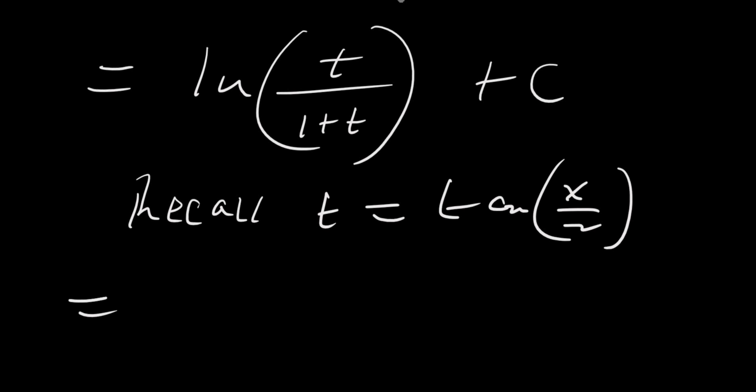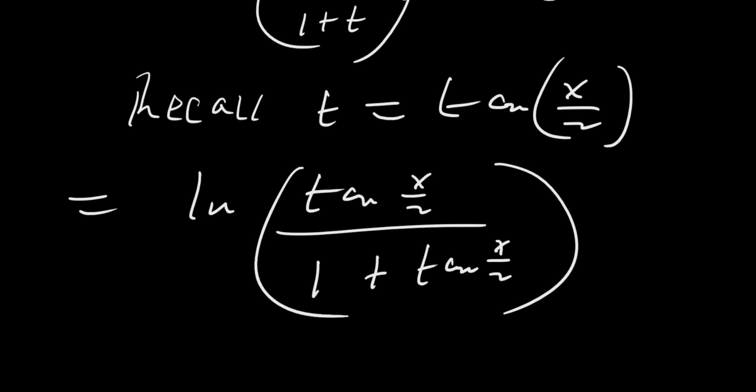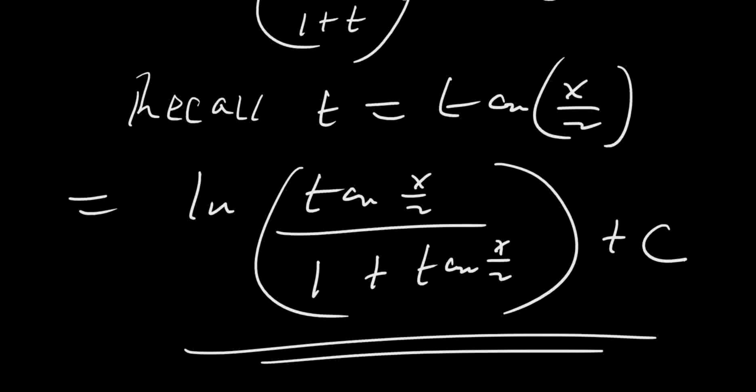So this will become ln tan x over 2 over 1 plus tan x over 2 plus c. So this is the answer to this question, and I hope it makes some sense.